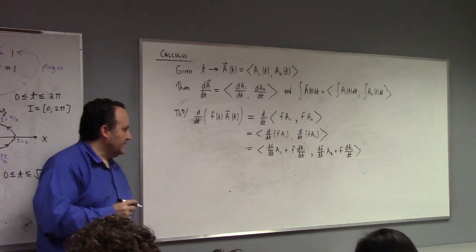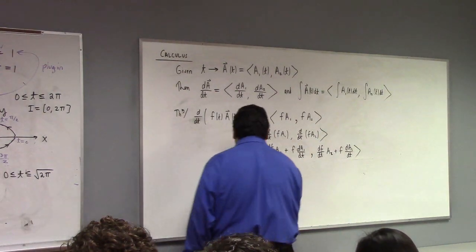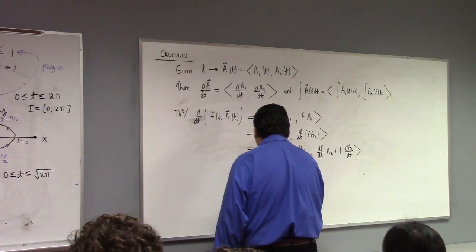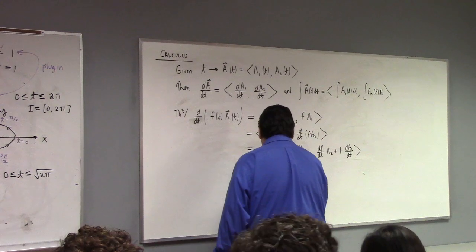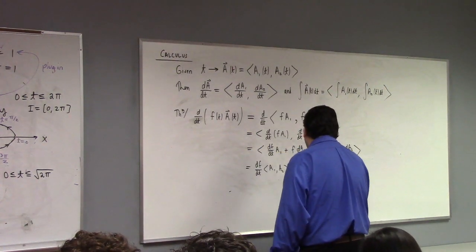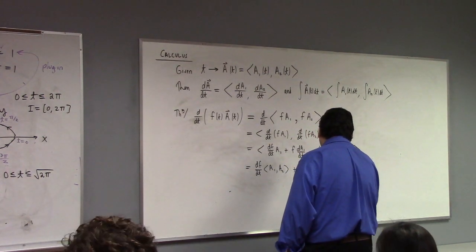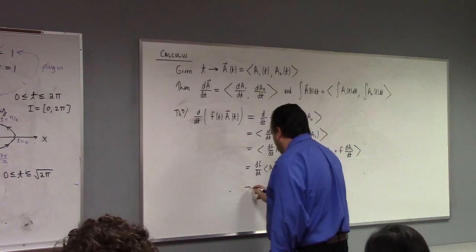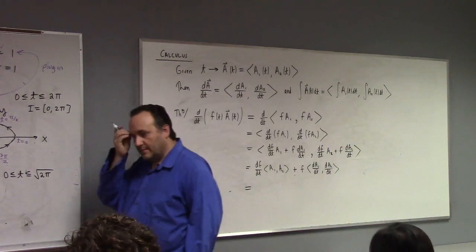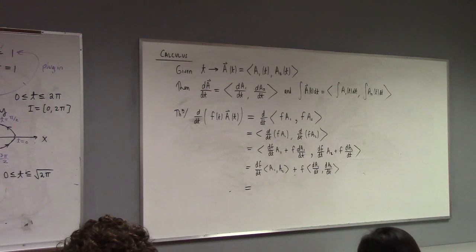All right, now we need to group some things, right? We can factor out the df dt times a1, a2, and we can factor out the f, and we've got da1 dt, da2 dt. And what is that? The answer here should be very unsurprising, actually.